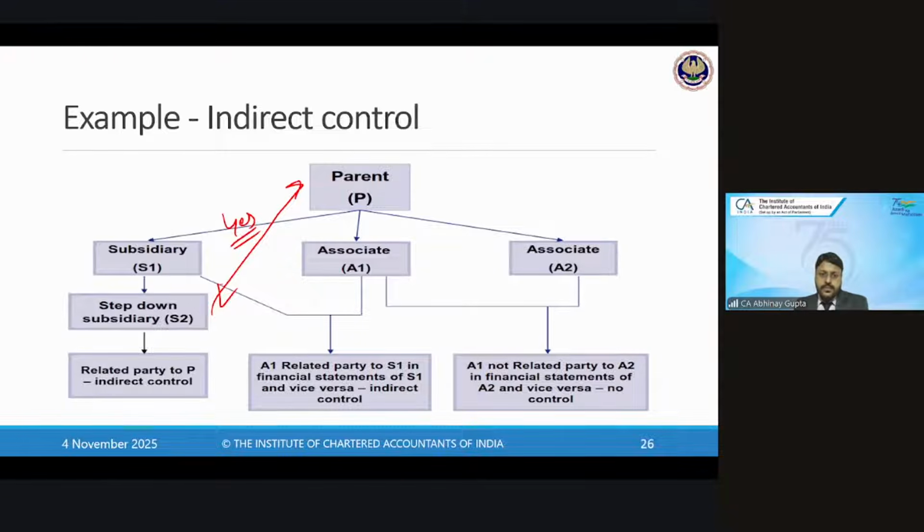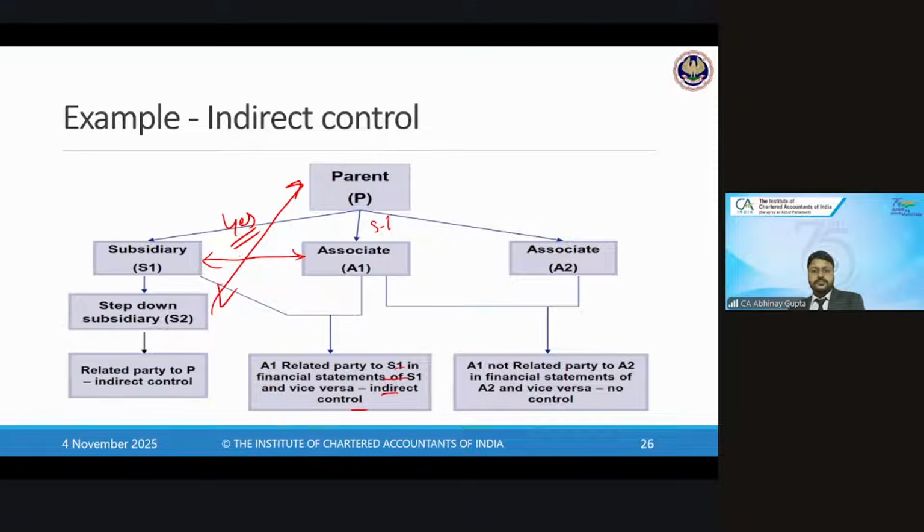Now, A1 is a related party to S1 in the financial statements of S1, and vice versa. Indirect control. Why? Because P Limited has significant influence over A1, and P Limited is controlling S1. So S1 is controlled by P and A1 is significantly influenced, so S1 and A1 are related to each other.